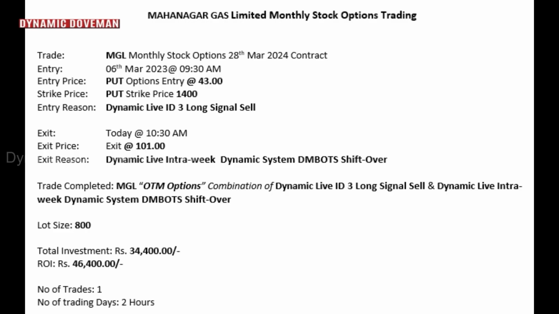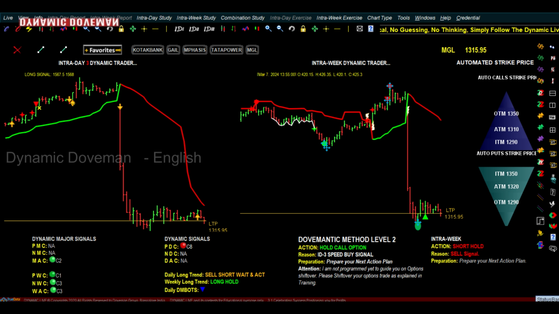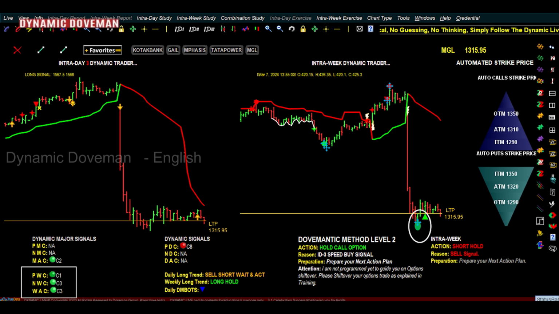When we buy a put option, we got the 1,400 strike price at a premium of 43 rupees. I'm talking about 9:30 in the morning. And after we bought this put option, the price went down sharply further. And as it goes down, by 11 o'clock in the morning itself, there is a signal at the bottom asking you to secure your profits.